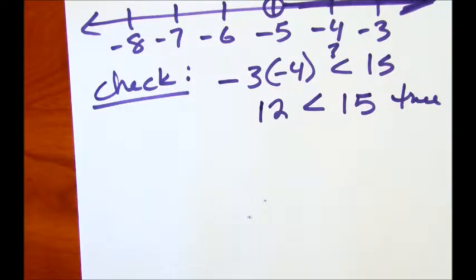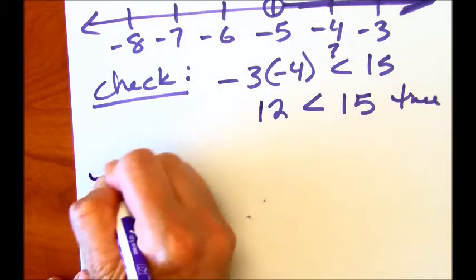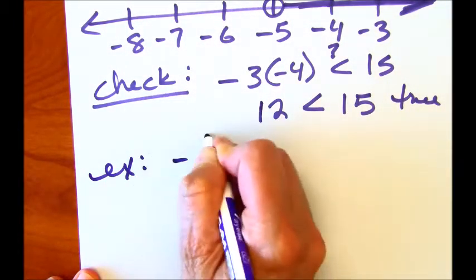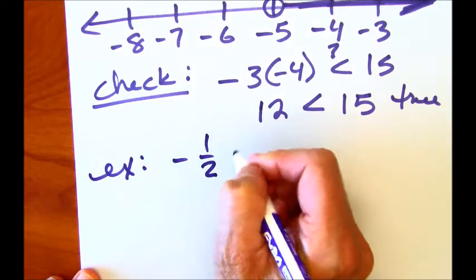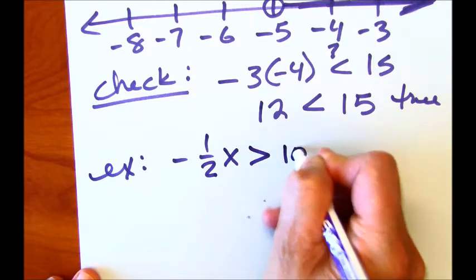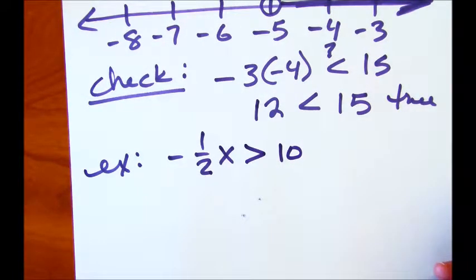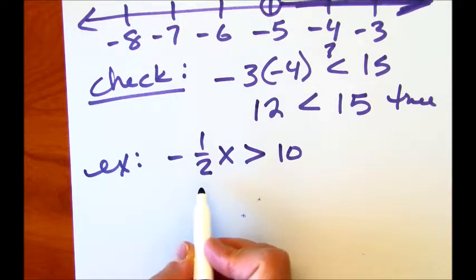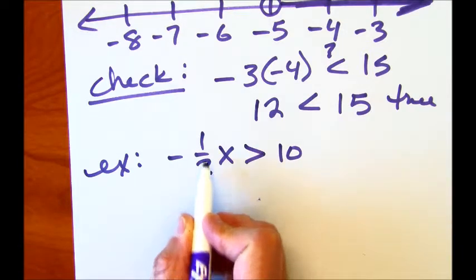Okay, let's say we've got negative 1/2 times a number, and we're going to say this is greater than 10. Negative 1/2 x is greater than 10. I'm going to go ahead and multiply both sides by the inverse of this 1/2.